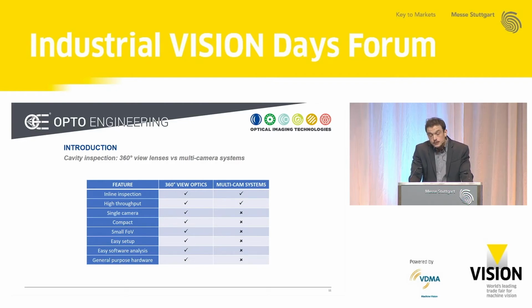And last but not least, 360-degree view optics are basically general purpose hardware. When compared to multi-camera systems, they can be adapted to different types of applications, while multi-camera systems are generally specifically tailored for a given task.